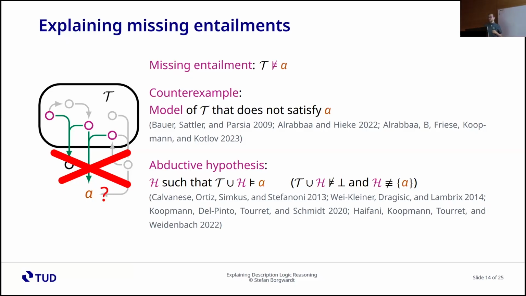Or you can follow abduction, something that Patrick and other people have been doing. So you try to find a set of axioms that you can add to the ontology to make the entailment hold, and that set hopefully explains why it didn't follow in the first place, under some constraints of not trivializing this process.